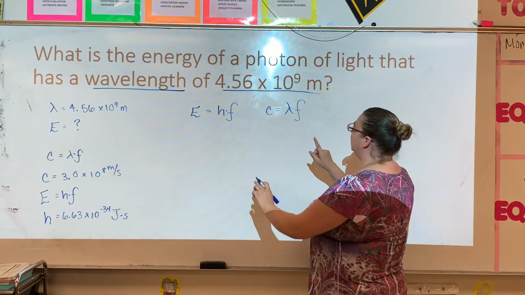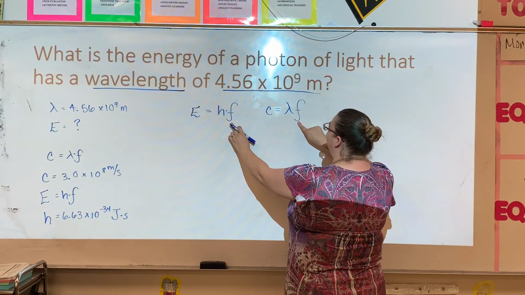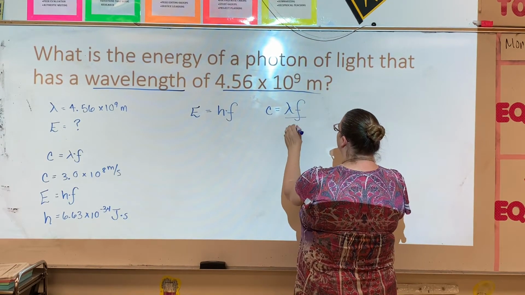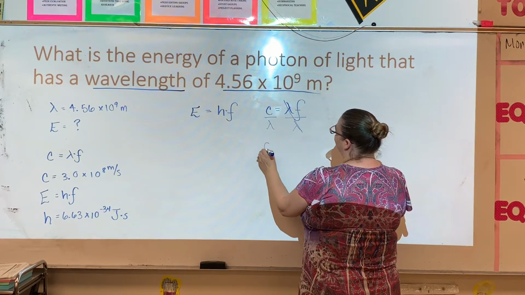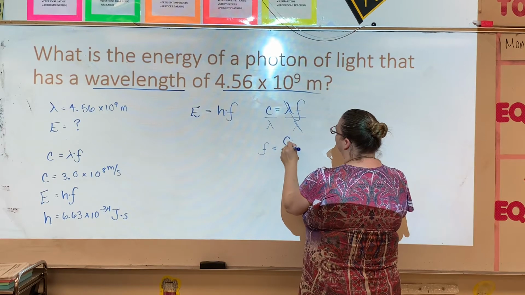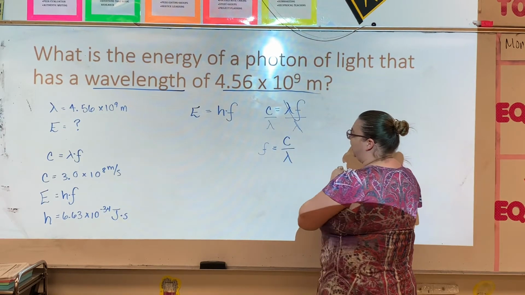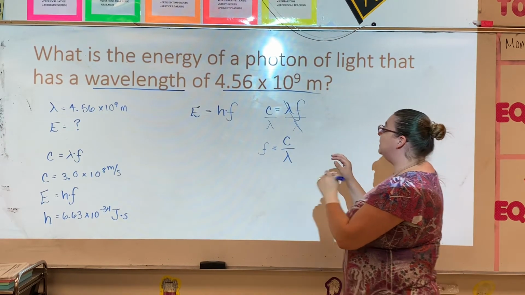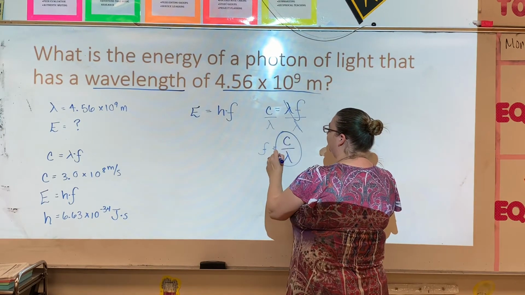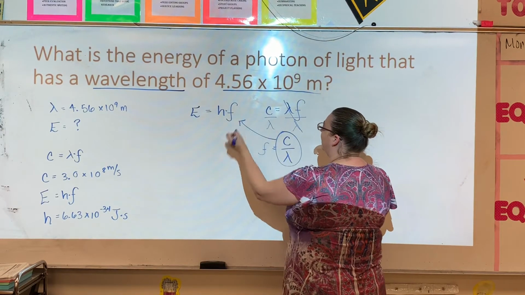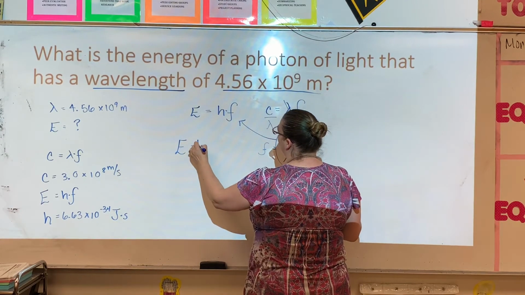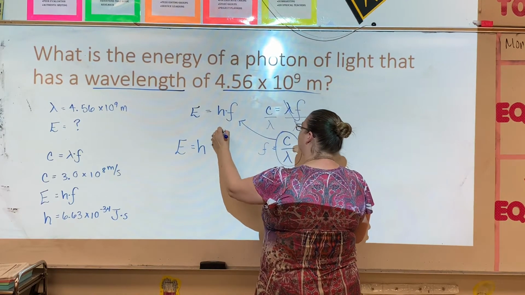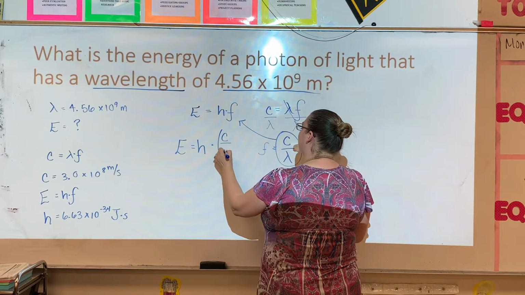And the one thing that these two equations have in common is F. So if I solve this equation for F, I can say that the frequency is going to be equal to the speed of light divided by the wavelength. I can then substitute this in for frequency in this equation. So I can rewrite my energy equation. Energy is equal to Planck's constant times the speed of light divided by the wavelength.